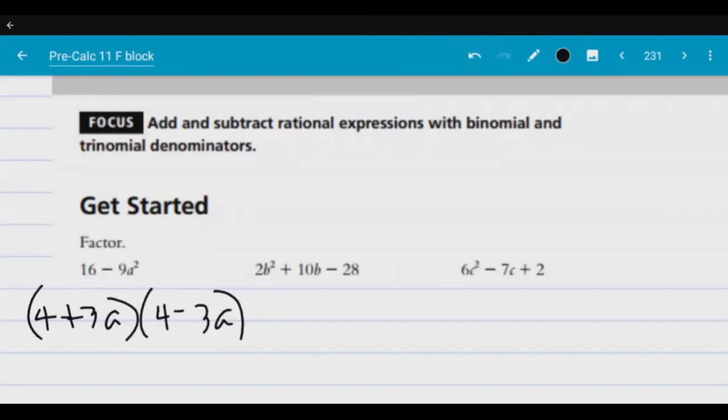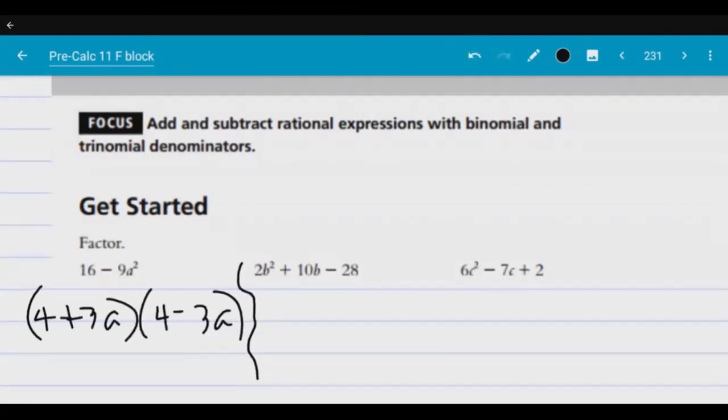Okay, next one. So this one, I think the first thing to do is to factor out the common factor because all of them are even. So you can factor out the 2, leaving us with b squared plus 5b minus 14.